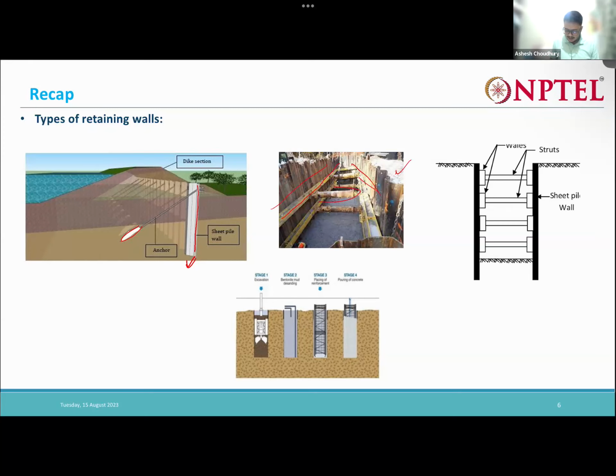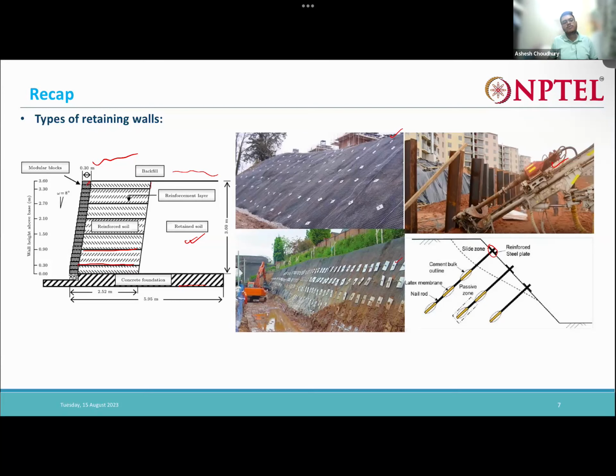Due to this soil nailing, the soil slope can take up more weight, a higher load before failing, and it is also more stable.